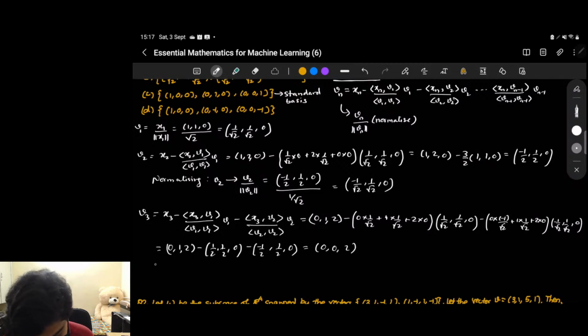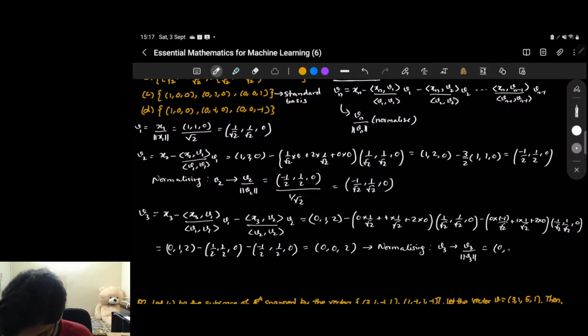And normalizing this is pretty much simple. V3 will be divided by its norm, and that is 2.